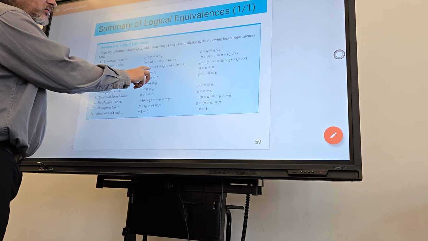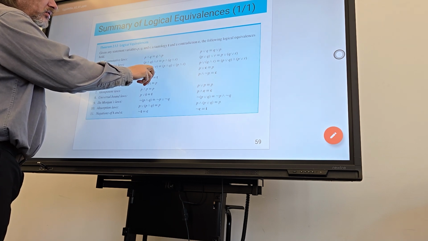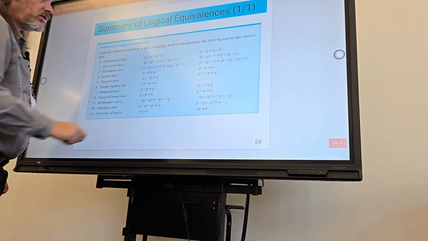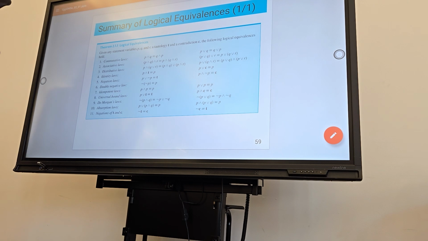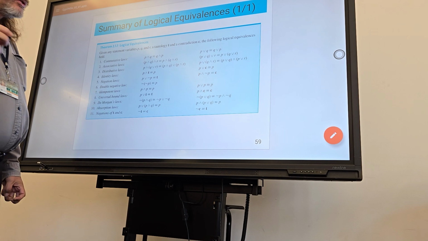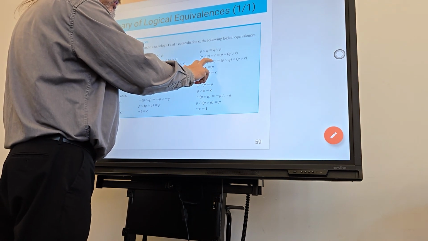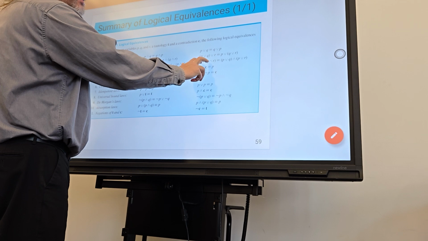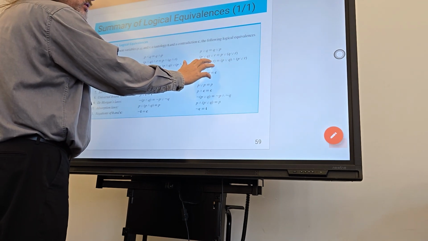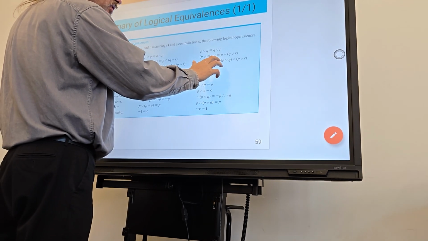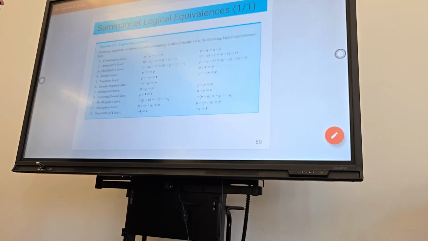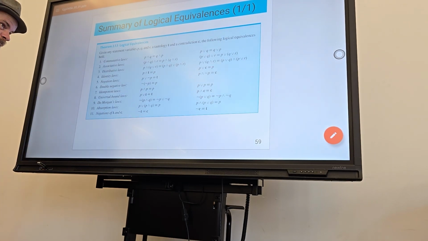P and the quantity Q or R is the same as P and Q or P and R. It distributes just fine, similar to the algebraic version, but it also works the other way when you reverse the operation. P or the quantity Q and R is equivalent to P or Q and P or R.